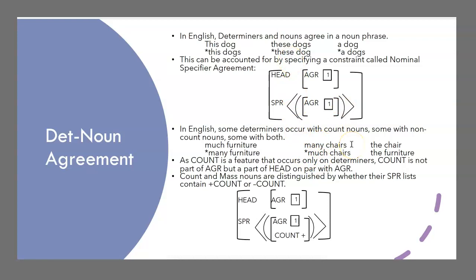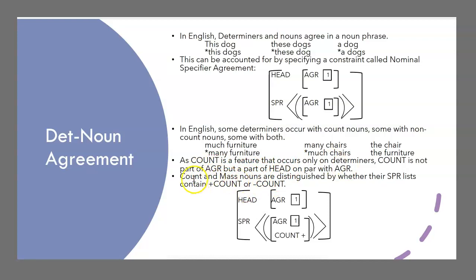So the feature should not be part of AGR, right? Count is a feature that occurs only on determiners. Count is not part of AGR, but it's a part of head on par with AGR. So we have AGR, and we have the count feature along with AGR.